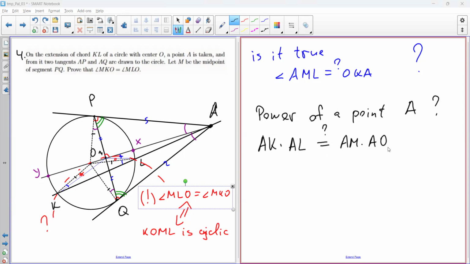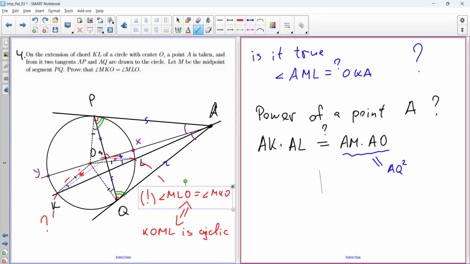So this would be the question, but also if we speak about this, we may notice that this would be a very famous property, that this would be equal to AQ squared. Why is that?